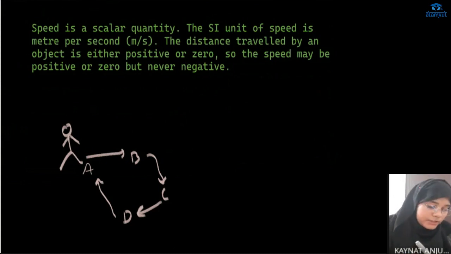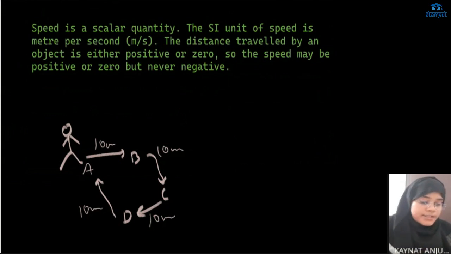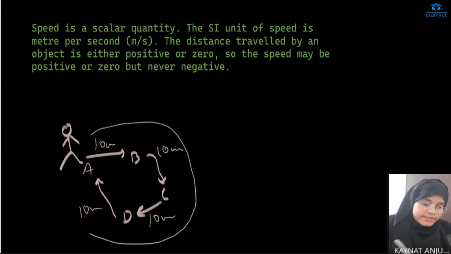All of the distances AB, BC, CD, DA are 10 meters each. Irrespective of the direction, we will only add all the distances. AB plus BC plus CD plus DA, 10 plus 10 plus 10 plus 10 will be 40.